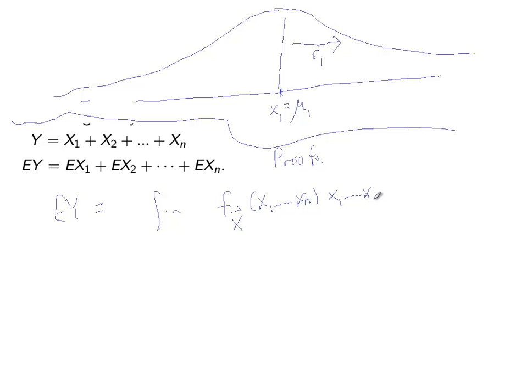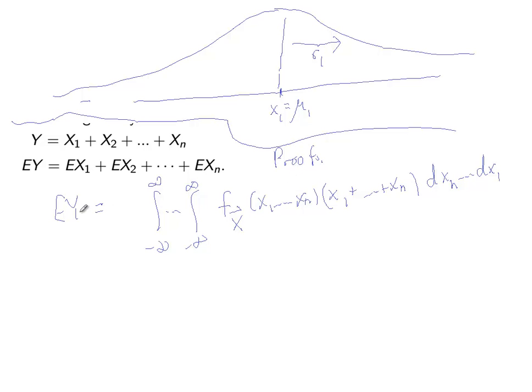I'm sorry, you're adding the expectations. So I can write this as x1 plus xn, like that. dx, again, I do the variables backwards. It doesn't really matter what order you put these in. And I'll put this as integral from minus infinity to infinity, minus infinity to infinity.